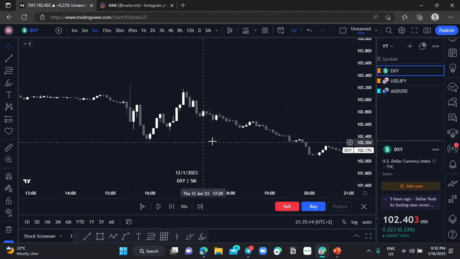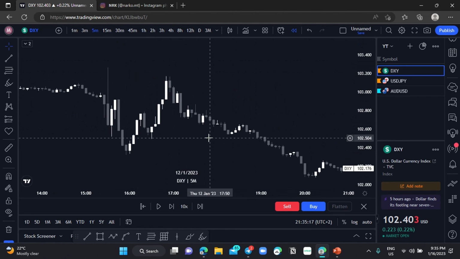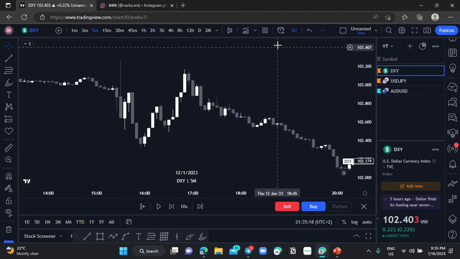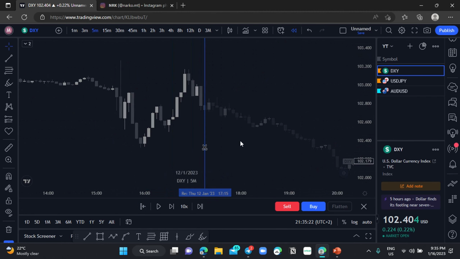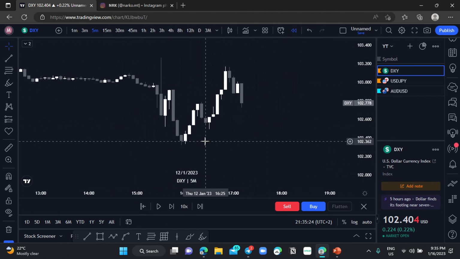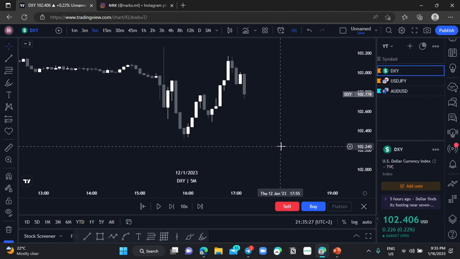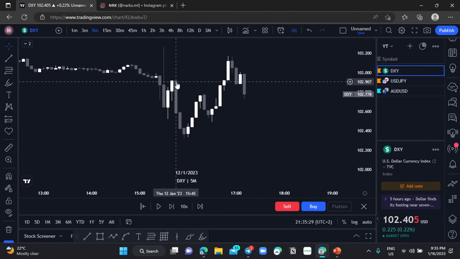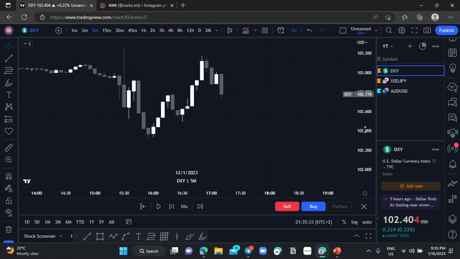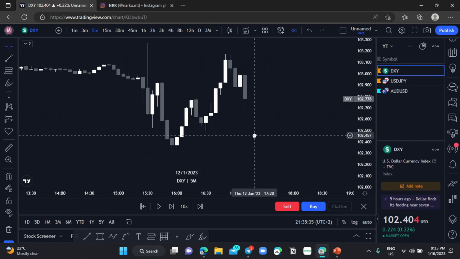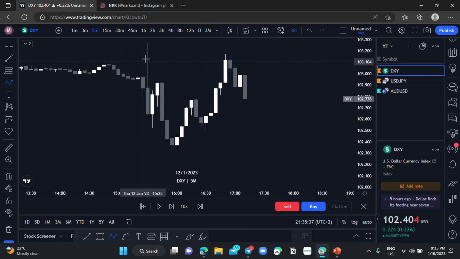Okay, so as you can see here, CPI firstly sold, bought a little, then sold again, then bought. Let me just copy this structure and show you guys on the AUDJPY.